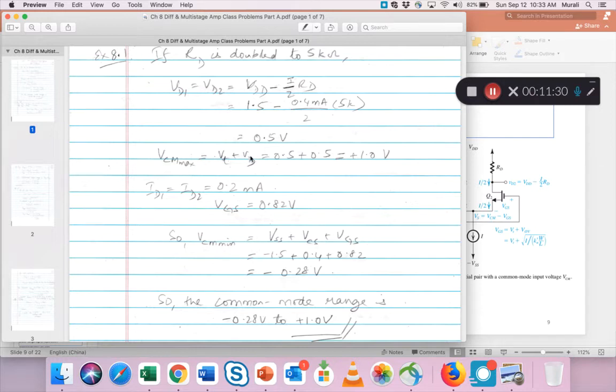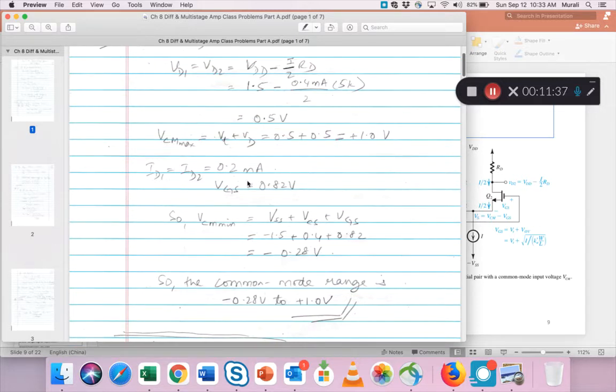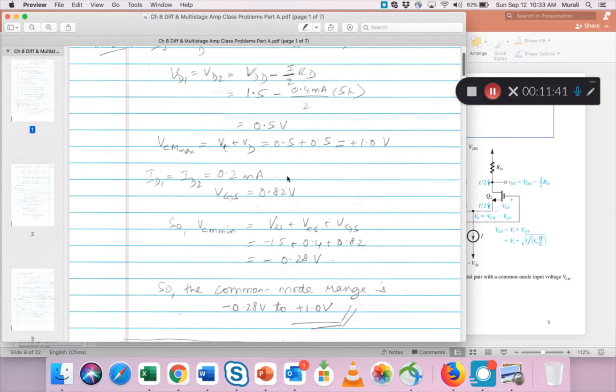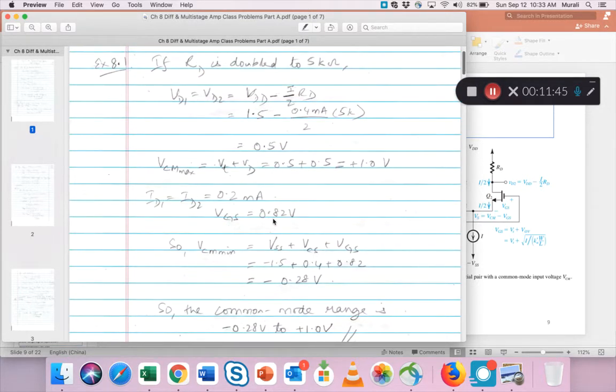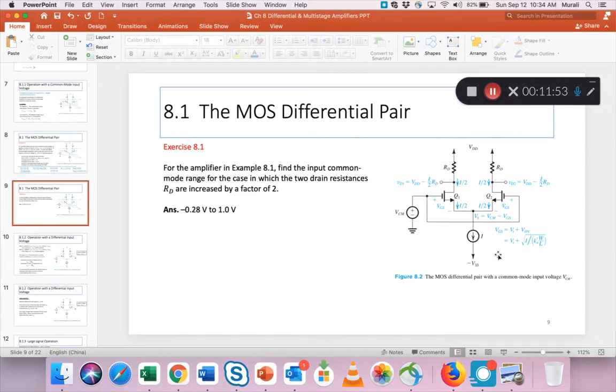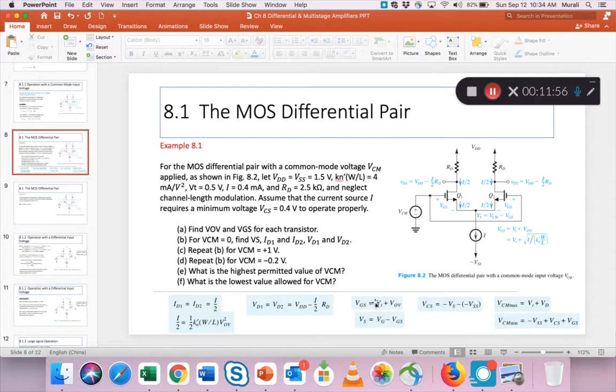So VCM max can be from this formula as 1 volt. Similarly, IDs are shown as 0.2 milliamps, and VGS is 0.82, using the same formulas that we have already used for VGS.